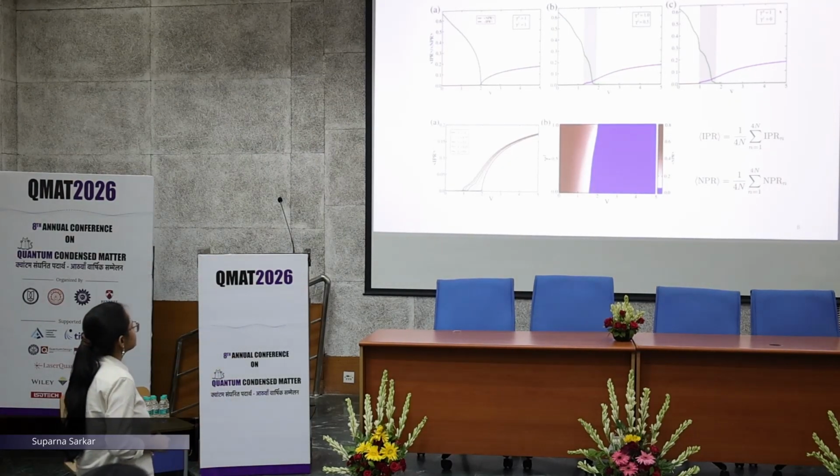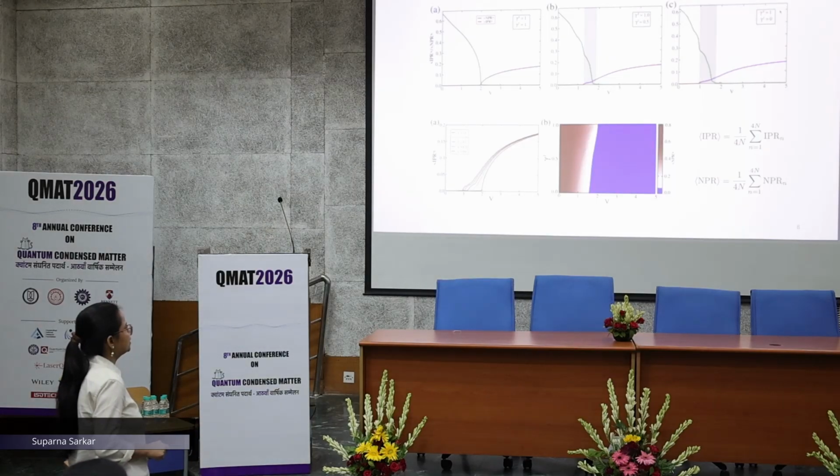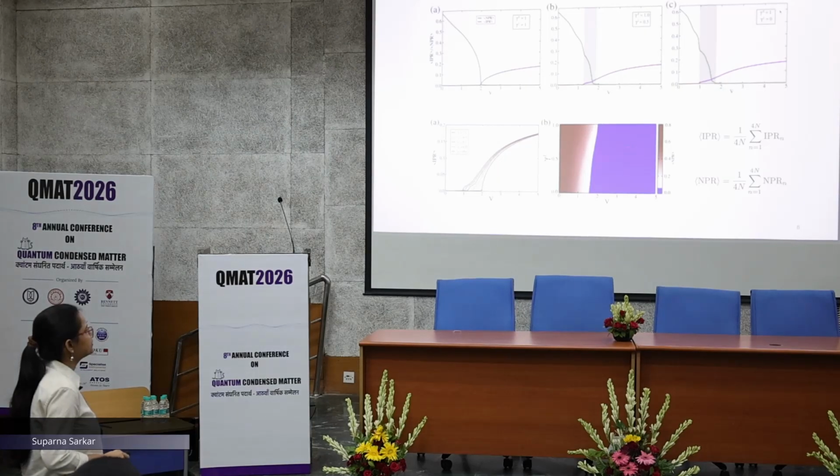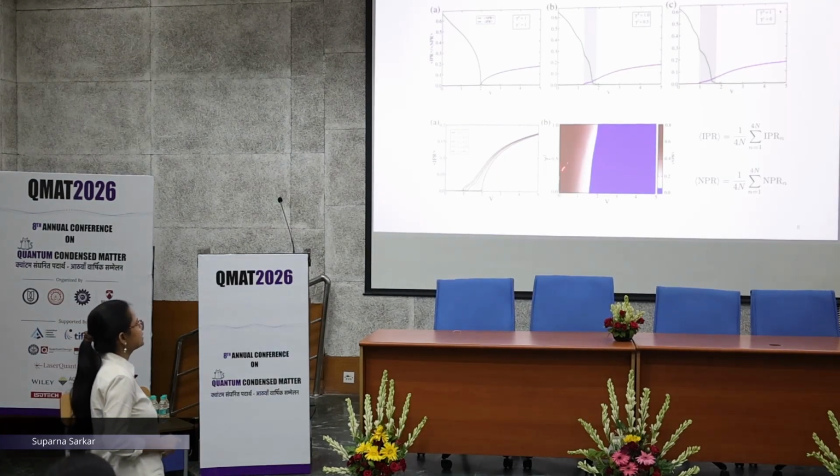Then this is the average IPR as a function of disorder strength. Here we can see that if you increase gamma L, the transition point from the delocalized to the mixed phase zone moves toward higher disorder values. And this is the phase diagram with gamma L and V, which shows three different phases: the delocalized, mixed, and localized ones.